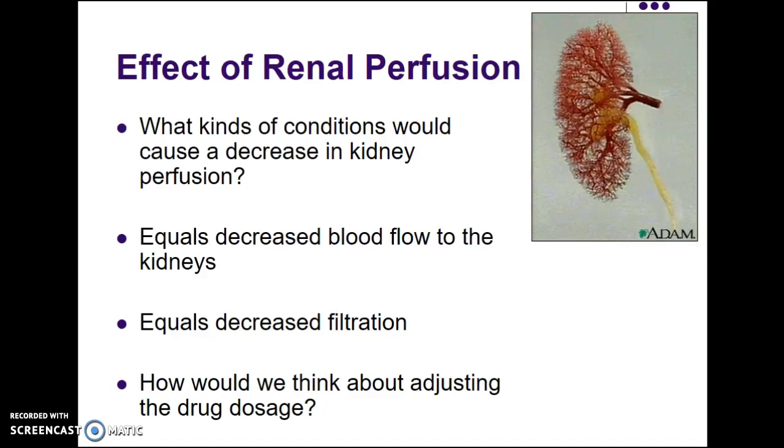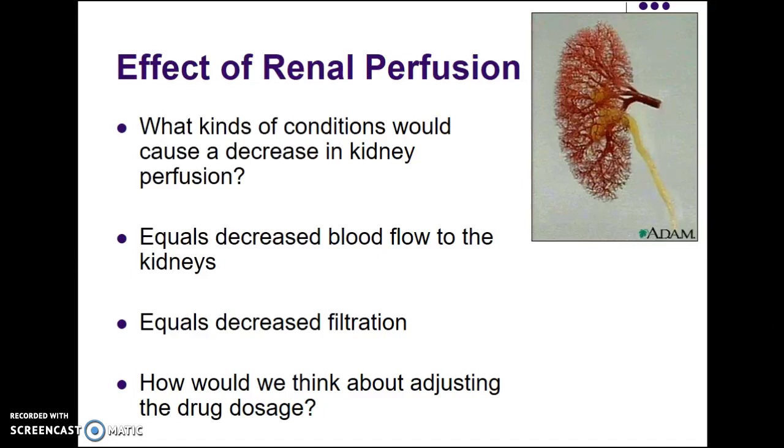So that decrease in blood pressure is going to equal a decrease in blood flow to the kidneys and to our filtration system. So more drug is going to stay in the body because we're going to have a decrease in the filtration system.